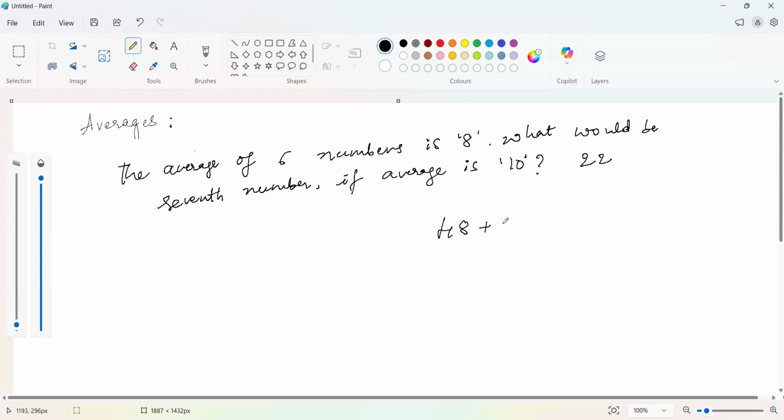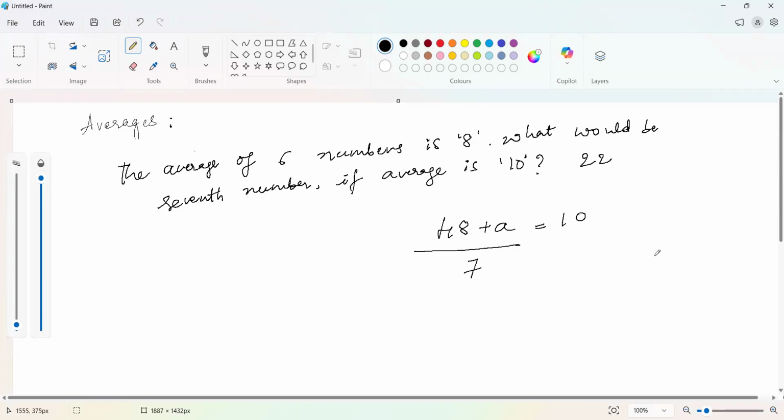Now one more number you need to find. We don't know that number. Let us assume that number as A. So totally, if you divide it by 7, that is, you have the 7th number as well, the average you would be getting is 10. So can you find it out now?